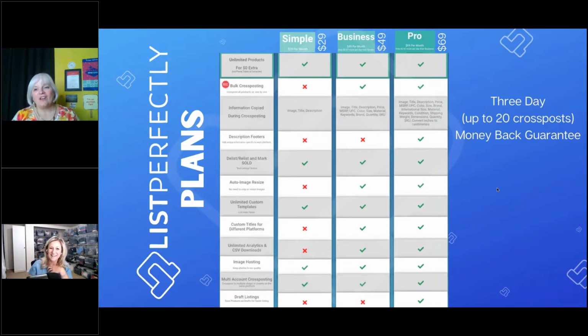So you want to make your business time as profitable as possible. So the capability to be able to go across several sites is just awesome, I think, in such a short amount of time. So it's worth every penny in my book.